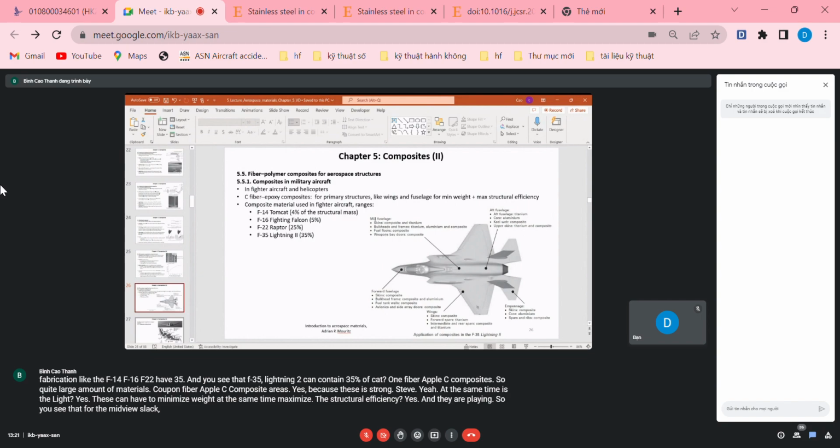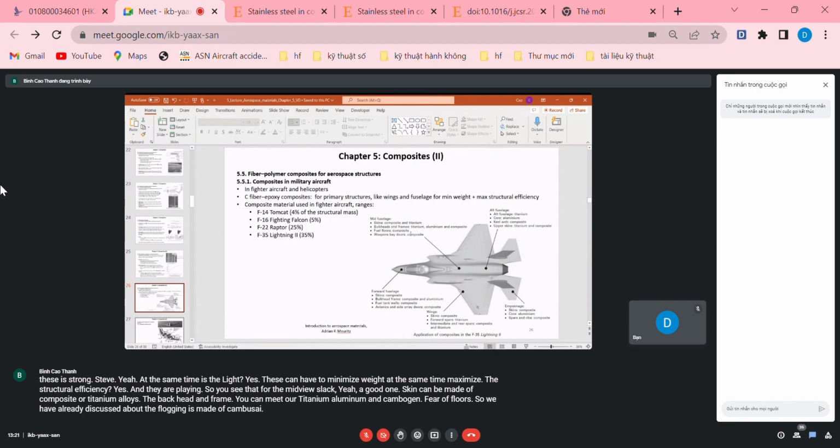So you see that for the mid fuselage, the skin can be made of composite or titanium alloys. The bulkhead and frame can be made of titanium, aluminum, and composite. For the floors, we have already discussed the floor beam.